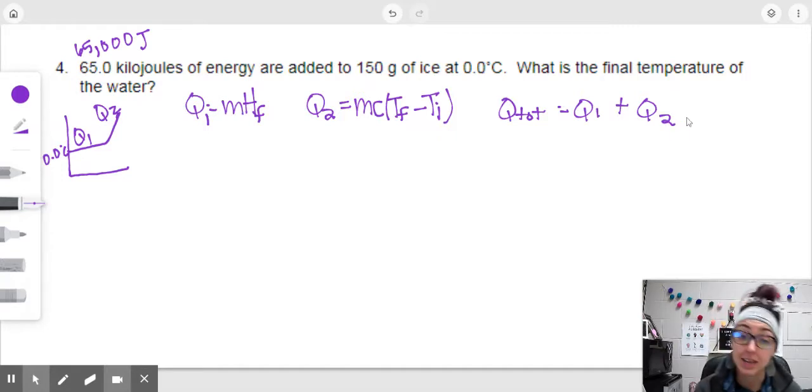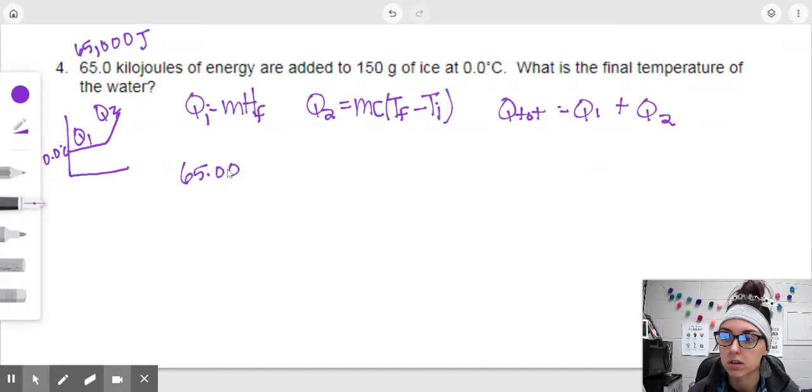Okay, so we have everything we need now. Now here comes the algebra. We need to do some substitution, but it's very simple substitution. We just plug equations in for Q. So Q total, I know, is 65,000 joules. So I'm going to set that equal to my Q1 plus my Q2.